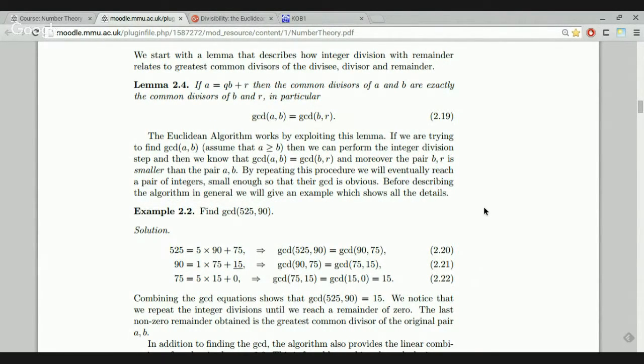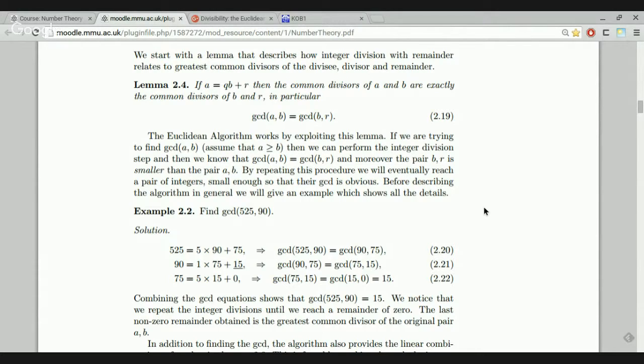So Lemma 2.4. Well, I mean, it's really just repeating the same argument I had before, but now just using letters rather than numbers.